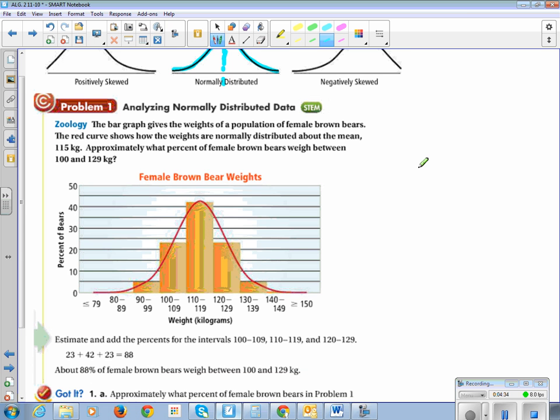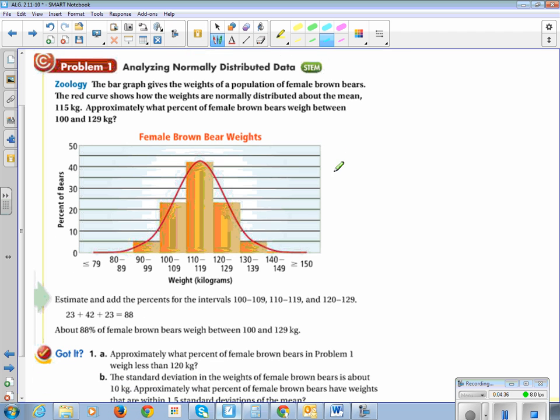So let's look at a problem where we have normally distributed data. The bar graph gives the weights of a population of female brown bears. The red curve shows how the weights are normally distributed about the mean, 115 kilograms.